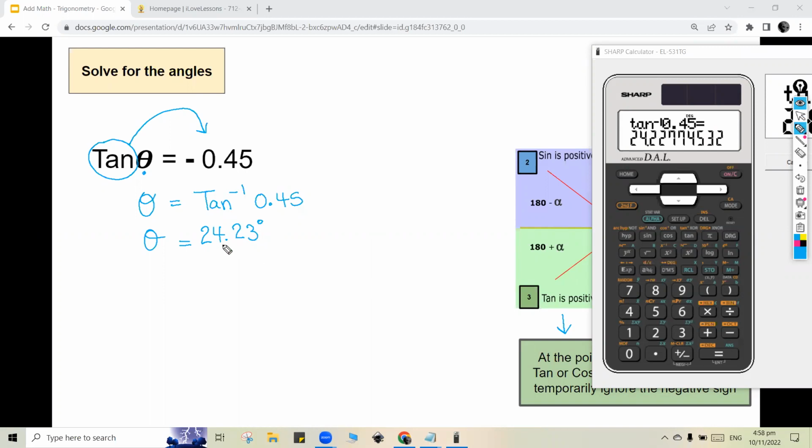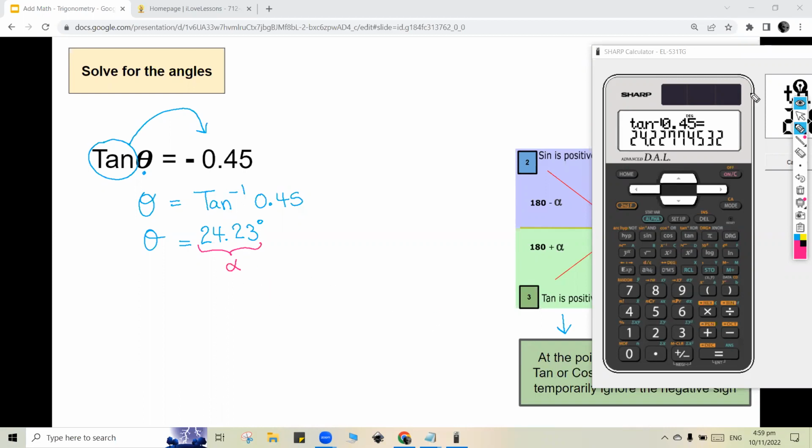Now, you see the first answer you get, he is always alpha, right? You just call this the acute angle. Remember, an acute angle is an angle between 0 and 90 degrees, right? But the point is, the first answer you get, whether you use the box rule or not, is alpha.